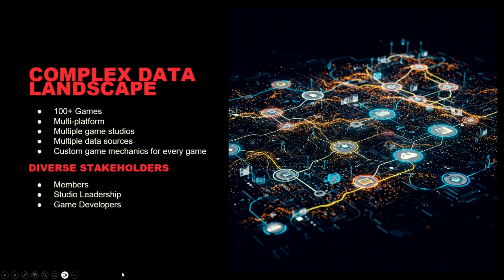So now that you have a very good understanding of Netflix games, you might see that the data landscape can get incredibly complex. We have more than 100 games on the platform, and each game is its own piece of software that can behave very differently.